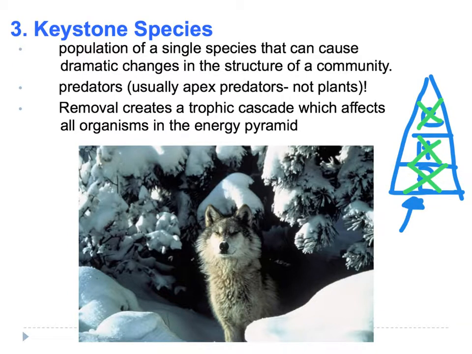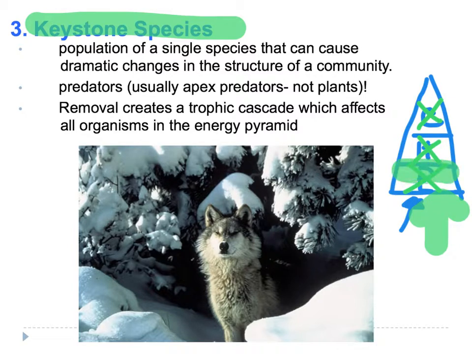One thing that was being missed was something called the keystone species. And a keystone species is one species that can cause a dramatic change in the structure of a community. So scientists spent all this time looking at the bottom of the pyramid and thinking that that was the end-all be-all, without realizing that at the top here we have something called an apex predator.